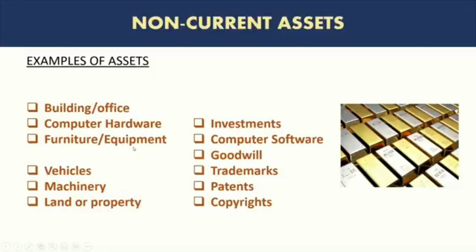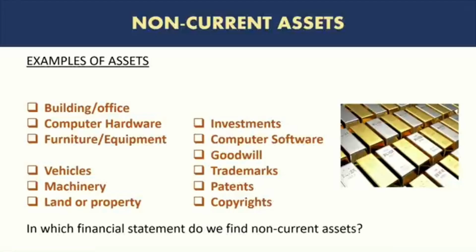Furniture and equipment could be very long, 15, 20, 25 years. Then you have vehicles, of course, more than a year. Machinery, land or property, well, land could be forever. Investments, yes, if these are long-term investments, then they are considered as non-current assets. Computer software, goodwill, trademarks, patents, and copyrights, all of them are considered as non-current assets.